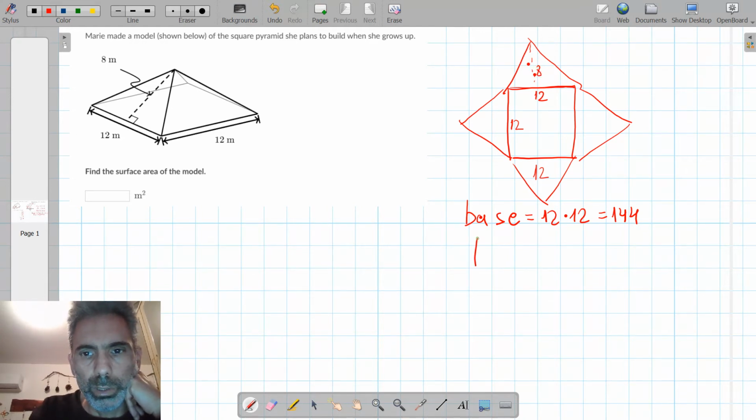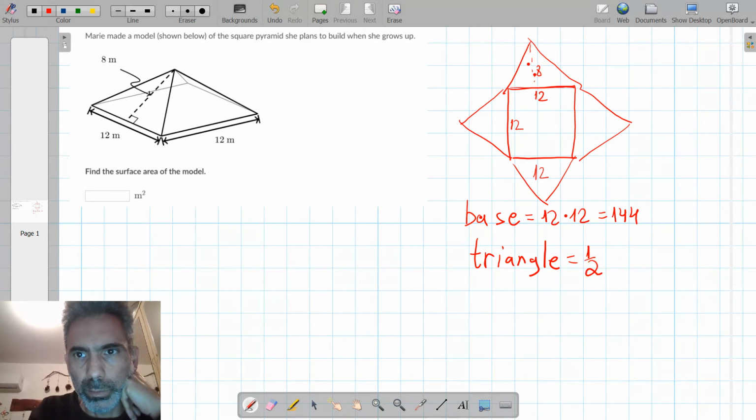So each triangular face has an area of 1/2 times the base, 12, times the height, 8. 1/2 times 12 is 6, 6 times 8 is 48.